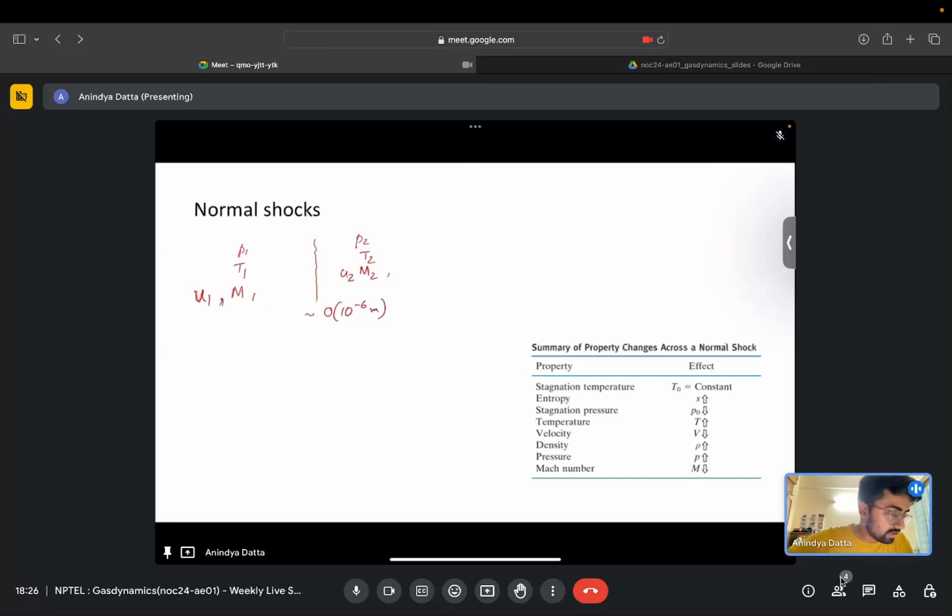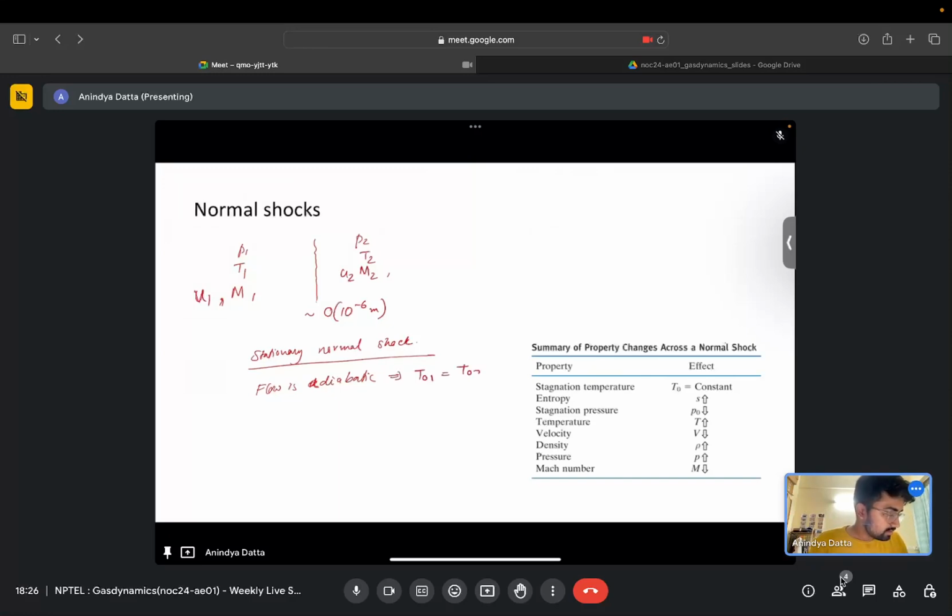This is for what we call a stationary normal shock, because the normal shock is stationary with respect to our laboratory frame of reference. We have seen that the assumption is that the flow is adiabatic, which implies that the stagnation temperature stays constant.